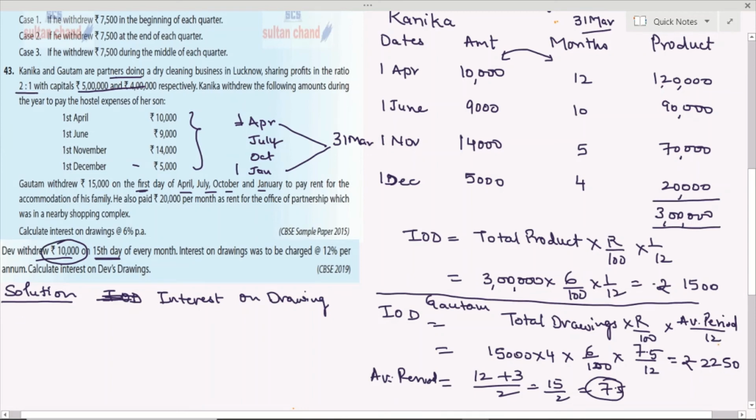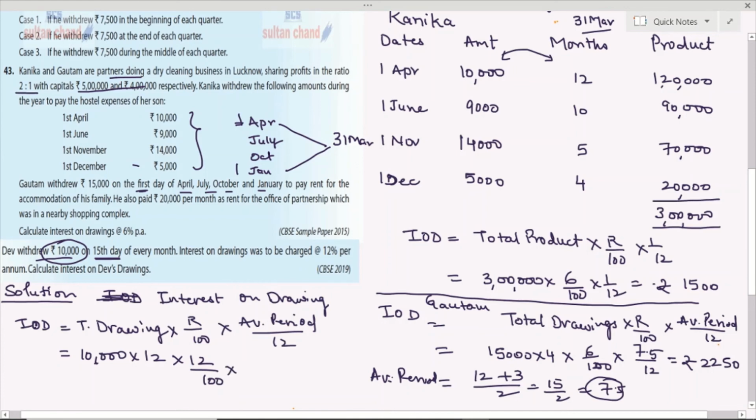So as per the average period method, the interest on drawings is equal to total drawings multiply by rate by 100 multiply by average period upon 12. So every month he's withdrawing 10,000. Since it's a drawing of 1 month, we need to multiply by 12 because there are 12 drawings in a year. Okay, and then the rate is 12%.